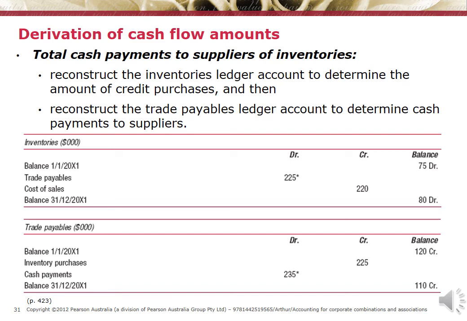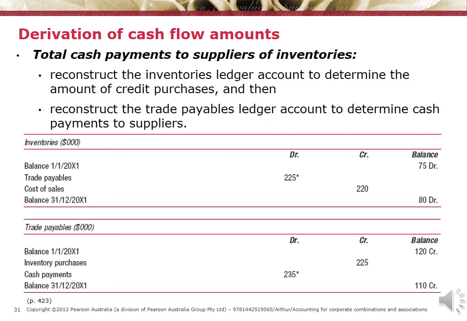then the trade payables. So first up, we'll start with the opening balance of inventory stated in the question, slide 23. So that's a debit of 75,000. Then the closing balance of 80,000. That's a debit. Then we had the cost of sales, which is a credit balance because when we debit cost of sales, we credit the inventory, so that's why it's a credit balance for reconstructing the account.